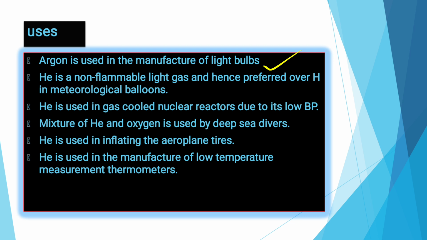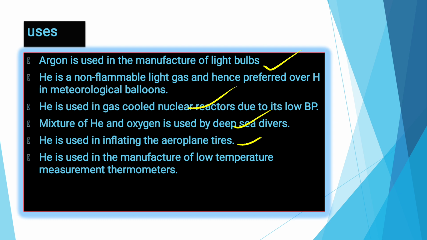Then we have helium, which is also used in gas-cooled nuclear reactors due to its low boiling point. The boiling point of helium is very, very low, and therefore in nuclear reactors, the gas is usually used as a coolant. Then we have the mixture of helium and oxygen used by deep sea divers, and helium is also used in inflating aeroplane tires for the same reason that it is very light.